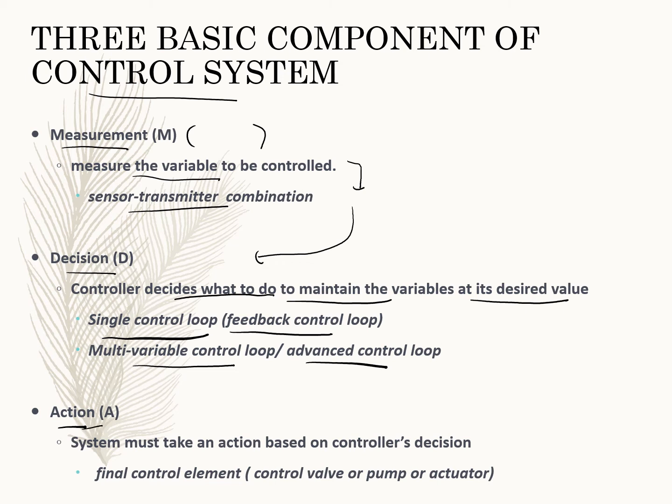The component for action is normally the final control element. Final control element is actually a control valve, pump, or actuator. These devices must take an action based on the controller decision. So the controller will give the decision to the final control element to take an action.